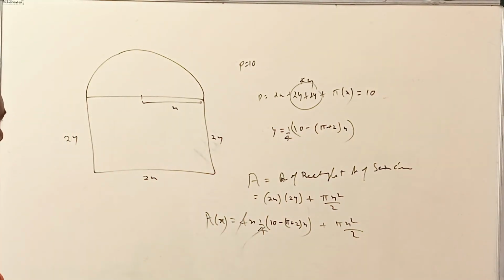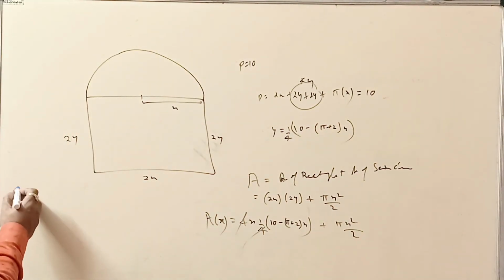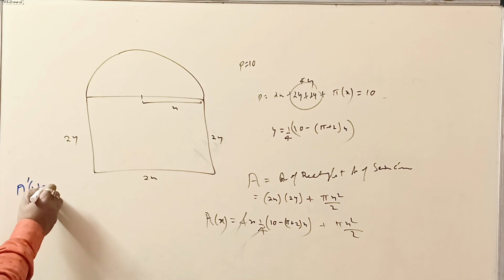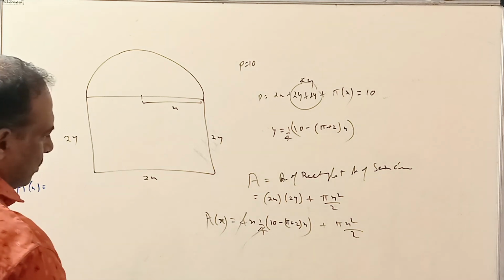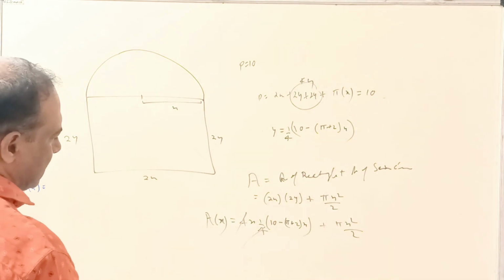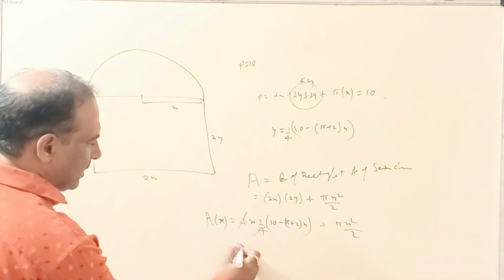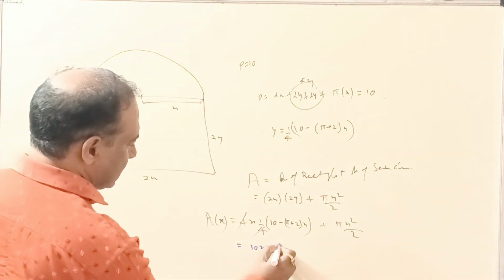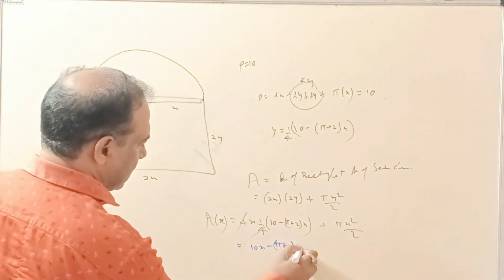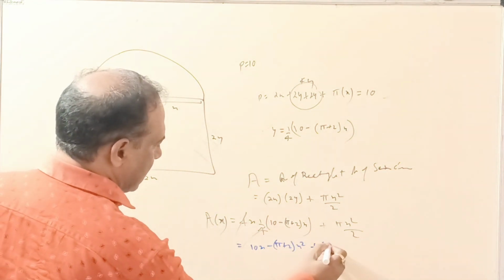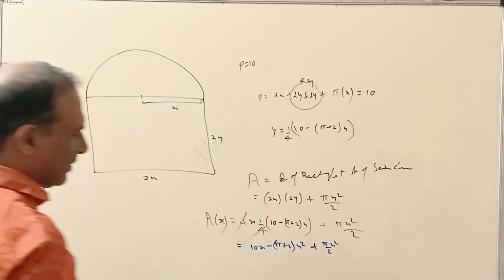Furthermore, what we have to do is, I have to differentiate it. This is A dash x, and what I can do is, I can just multiply the x into the inner part. I will be having 10x minus (pi plus 2) times x square plus pi x square over 2. And this way I can write it.